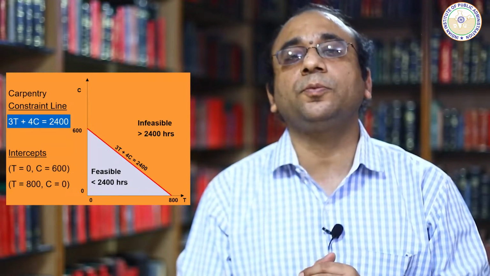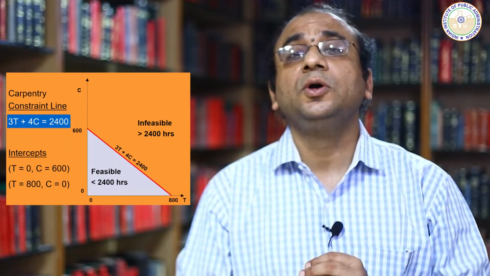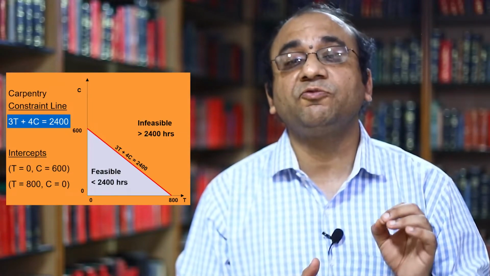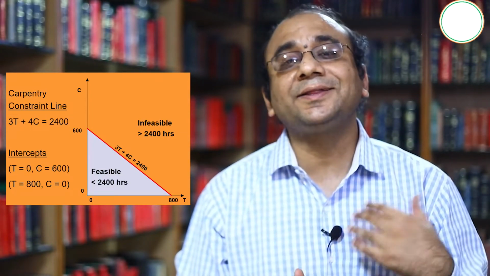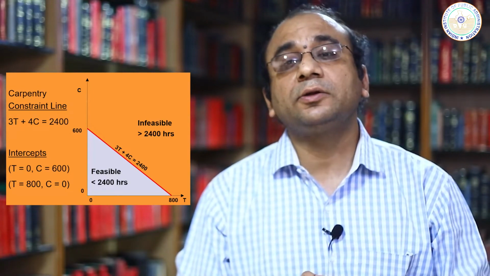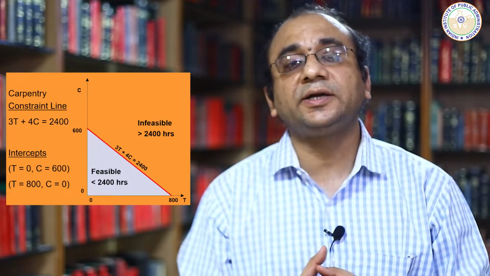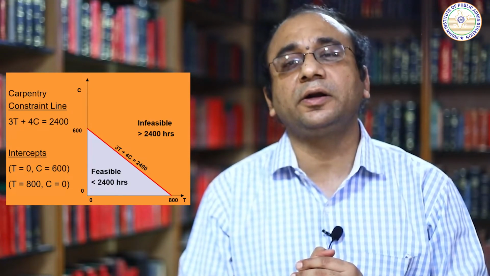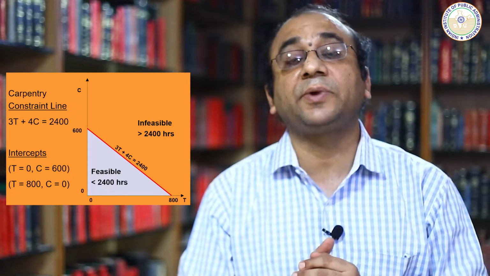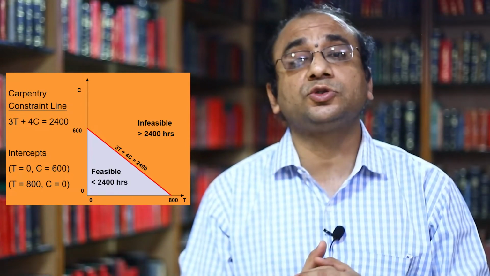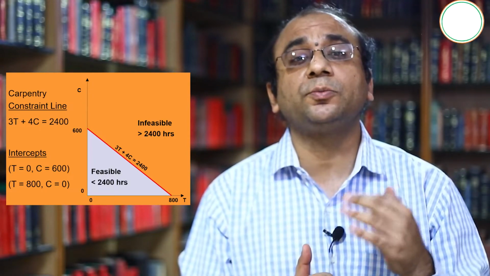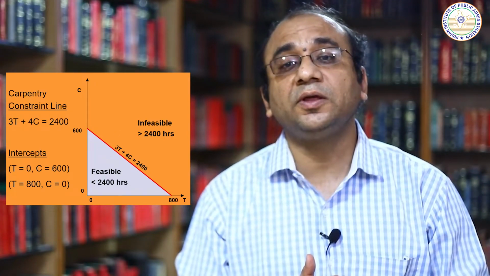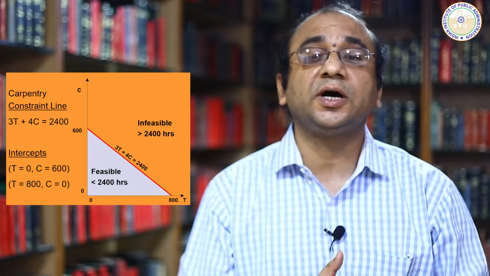So at that particular point my solution is going to be feasible. But if I put anything on the farthest side, let's say if I am going to produce more than 600 tables, let's say 800 tables, and at the same time the number of chairs is also 800, and I put it into my equation, it will not be feasible. So it means my area lies on the other side.